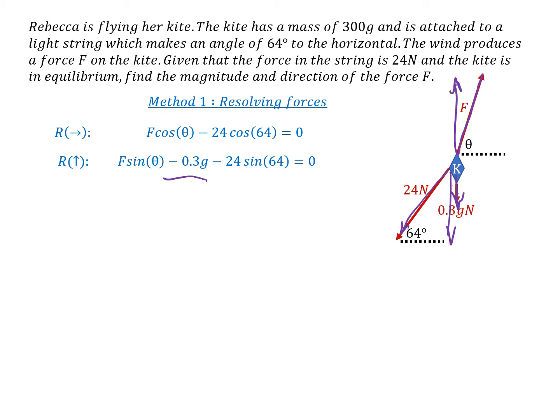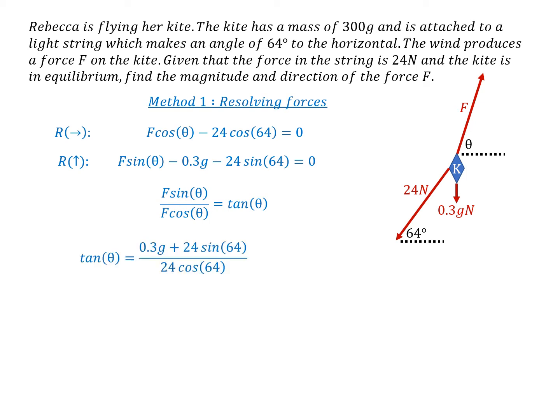Got to find a way of solving them, various different ways. The way that I'm going to use is to use the fact that F sine theta divided by F cos theta is exactly the same, there should be an identity sign really, as tan theta.